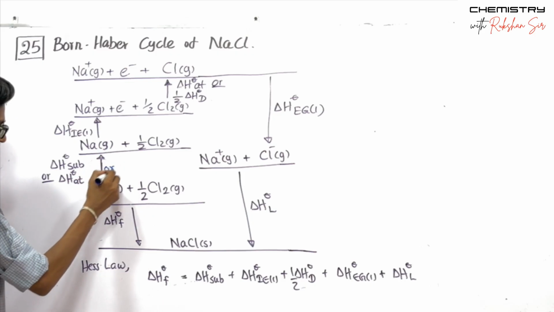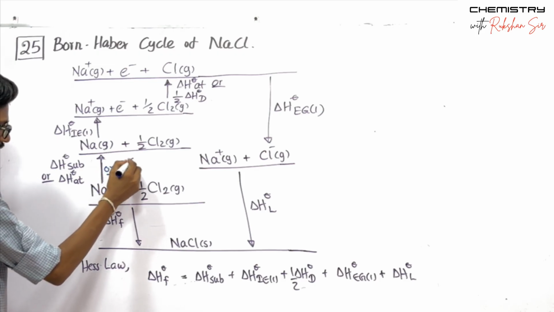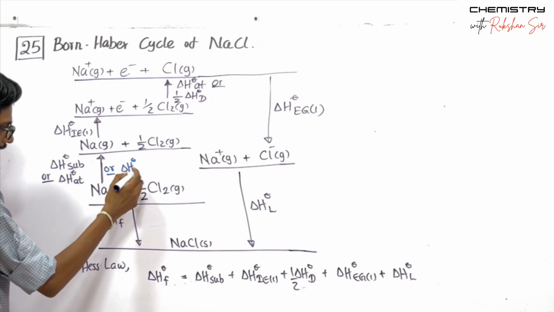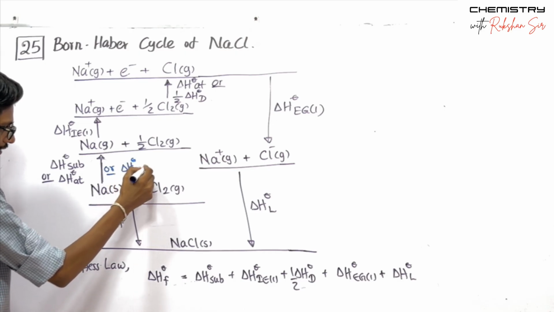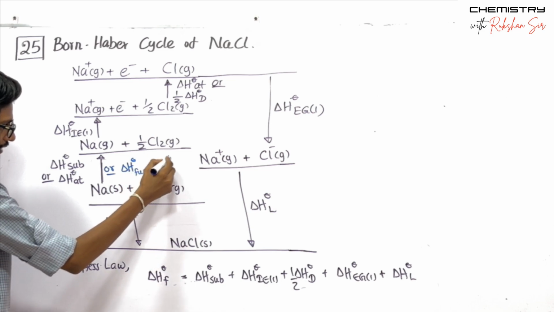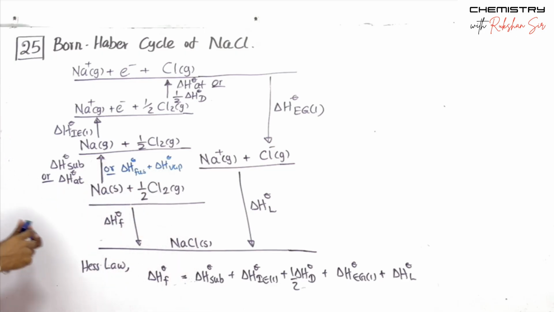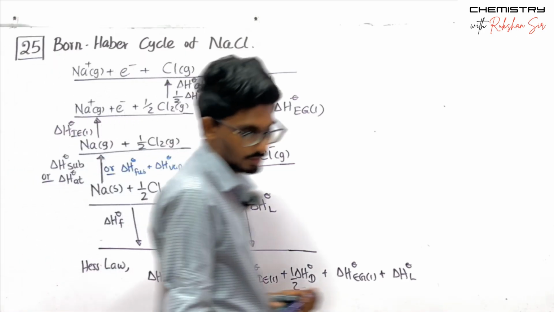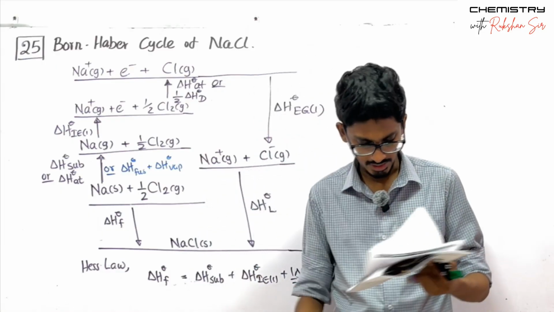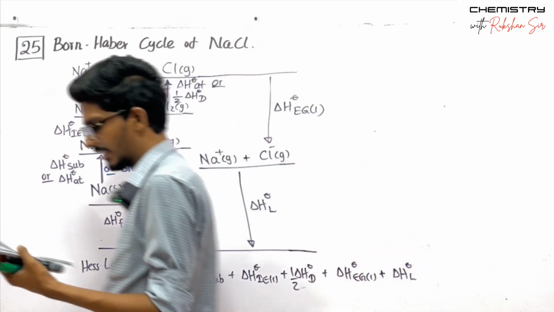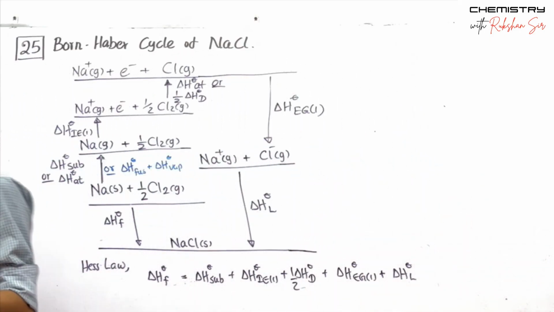Or we can come up with delta H naught fusion plus vaporization. That also gives you the sodium gas. So the Roman number, the second choice, is that. That is a fusion having been done. That is okay.